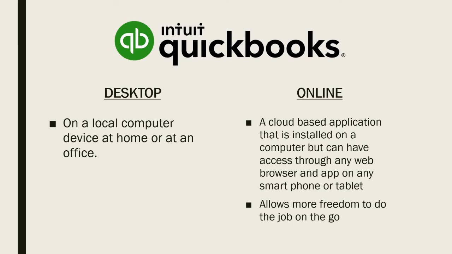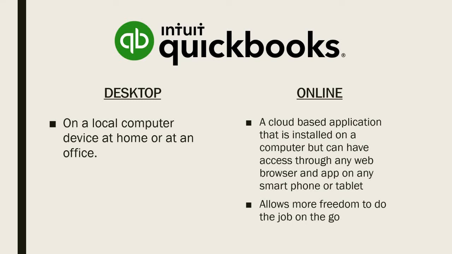The online version is a cloud-based type of program that uses cloud space. Intuit has their own cloud space available, and you buy into a package that allows you to access your QuickBooks company file at any given time and place, as long as you have internet service.